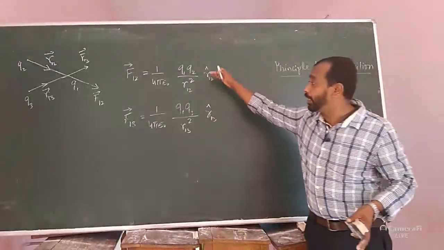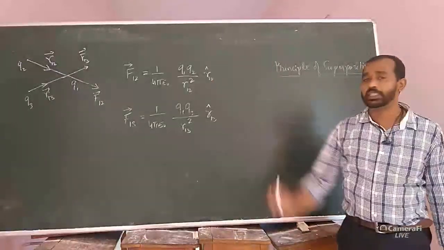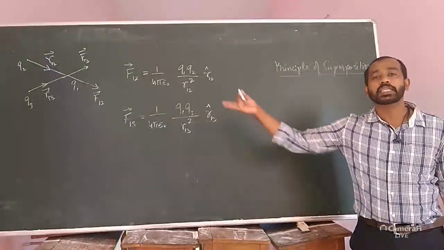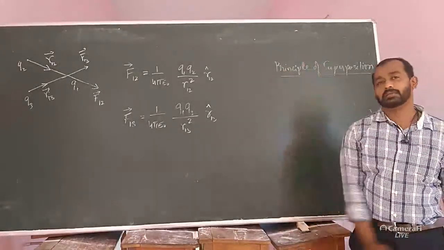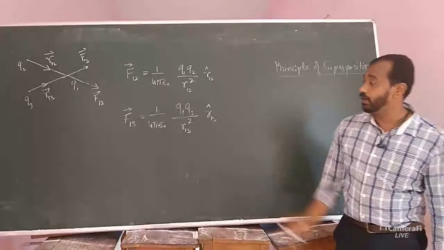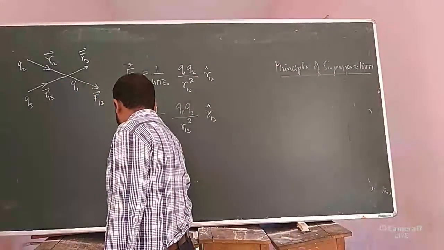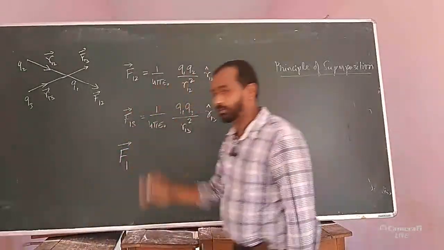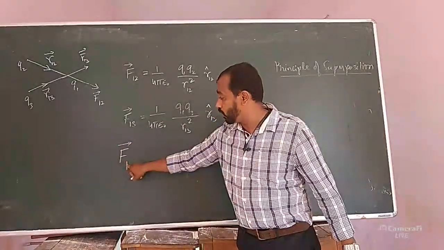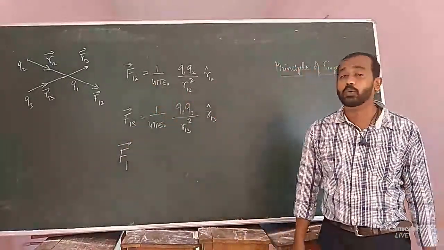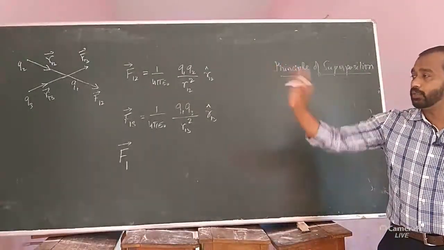Now, since we have obtained all the individual forces which are acting on the charge Q1, what is the net force? That's the question, where we can apply the principle of superposition. If we need to find the net force acting on the charge Q1, which is represented as vector F1, representing the total force acting on the charge Q1 due to all the charges around it, which are Q2 and Q3 here.